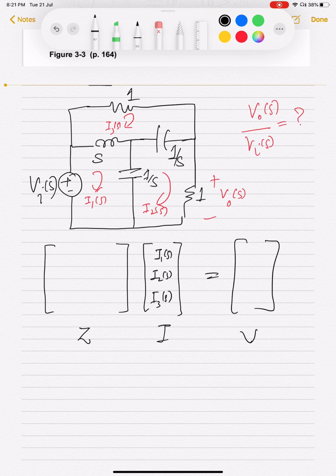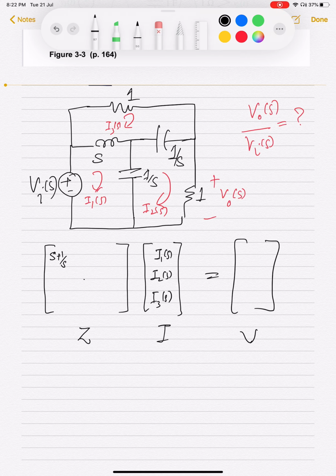And the first element here is going to be the impedance through which I1S is flowing, right? So this element here, the 1 element, is the total impedance through which I1S is flowing. So the total impedance through which I1S is flowing is S plus 1 by S. So write S plus 1 by S, right?